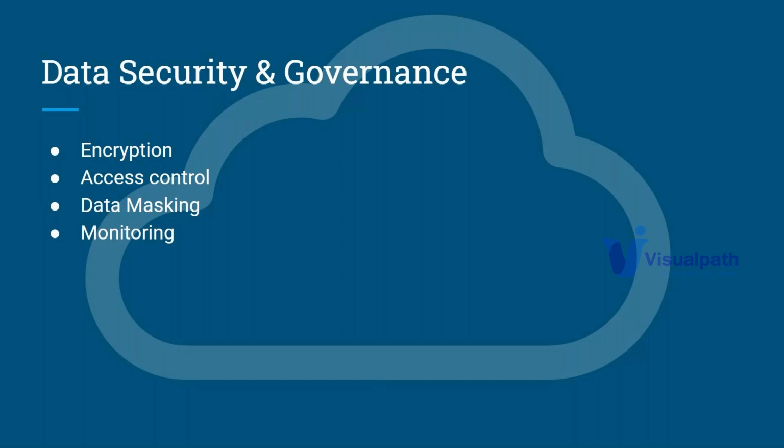Once all these steps are taken care of, we need to do one more thing: monitoring. Monitoring is just regular checks to see whether data is encrypted, whether data is visible, or whether a person in a different role is accessing another person's data. We need to do frequent monitoring, so this also comes under data security.